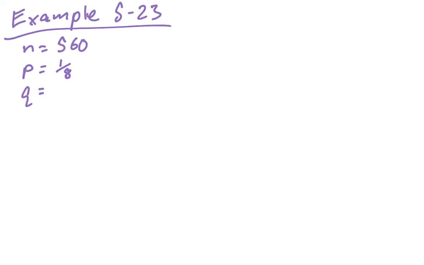So the probability of success would be 1 out of 8. There's only 1 seven on there. And the probability of the failure would be 7 out of 8. Any of the other faces of this 8-sided die would be a failure, or in other words, not a 7.